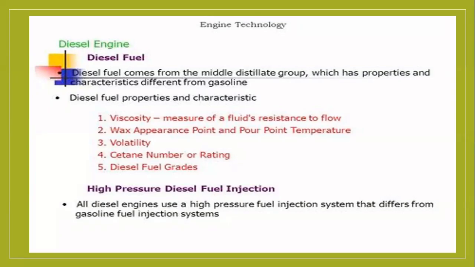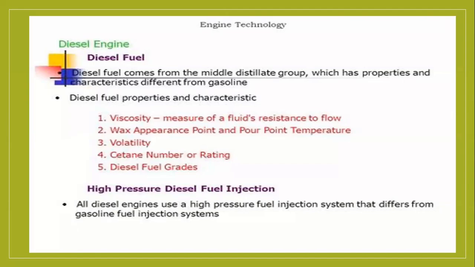So the fuel, after distillation, will be separated according to the vaporization temperature. Diesel is the middle group, and super petrol is the last one. Tar, you can construct a road with tar. Second one, wax, which is used for candles and has many properties. Then it comes to kerosene.